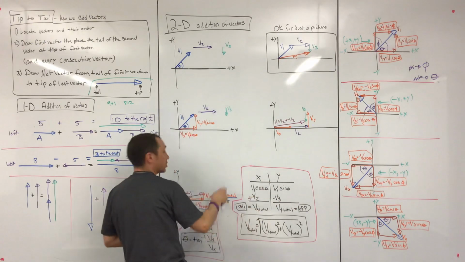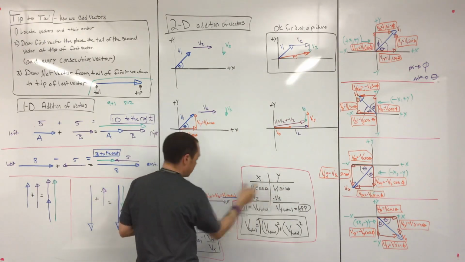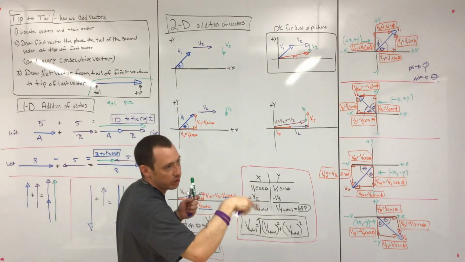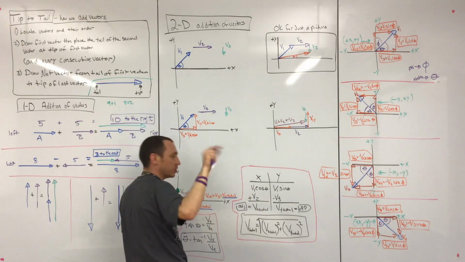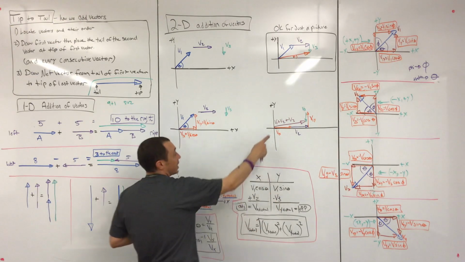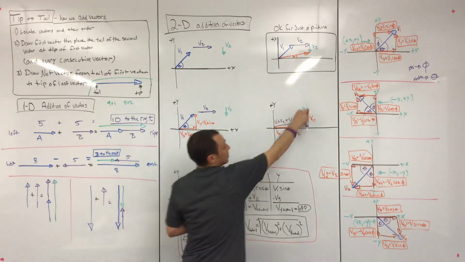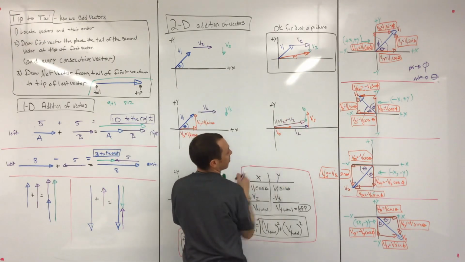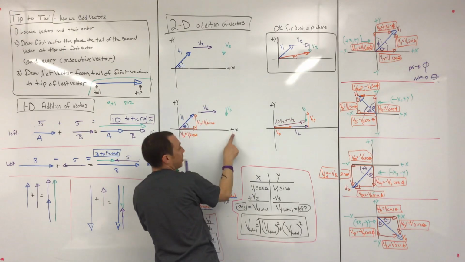And then for the y direction, you'd get the number for v1 sine theta. You'd just put in your calculator whatever number they give you for v1, hit sine, put the angle in there, close the parentheses and hit enter. You get a number for that, and a number for v3. Now, v3 is negative, pointing in the negative y direction based off the coordinate system we have. Everything's positive y, positive x here.